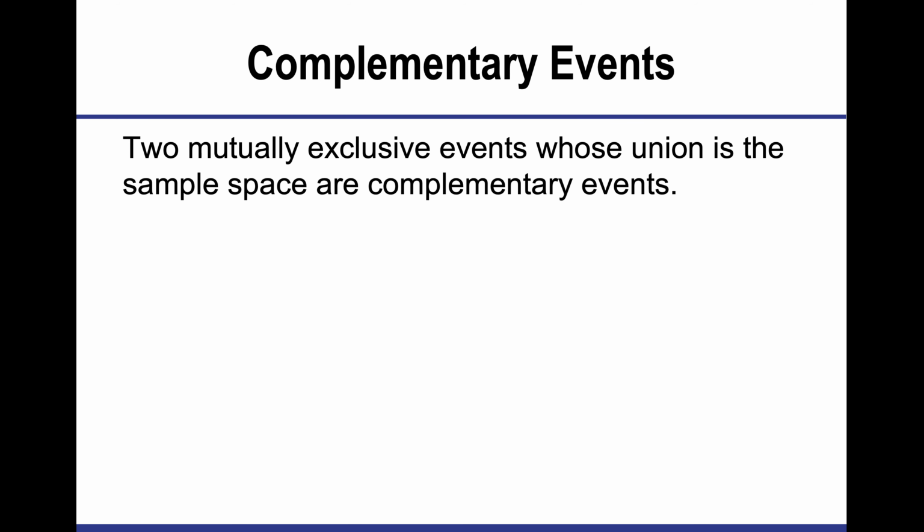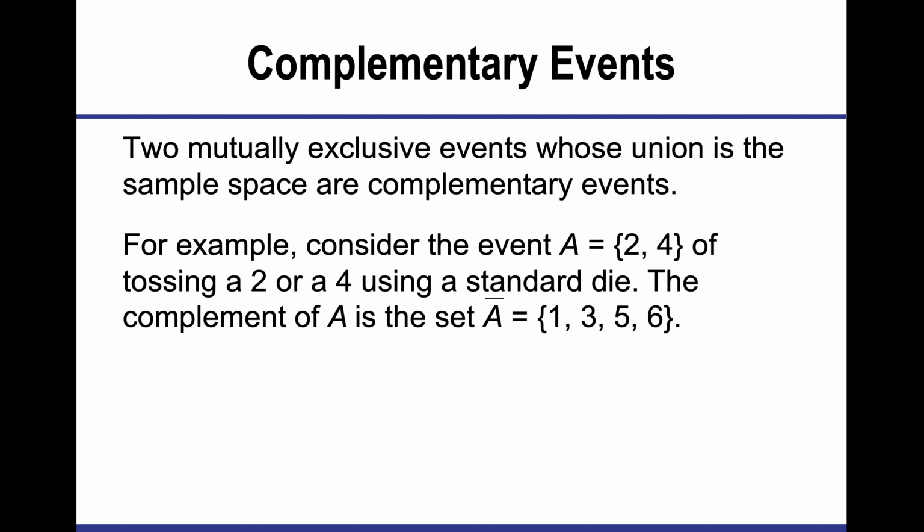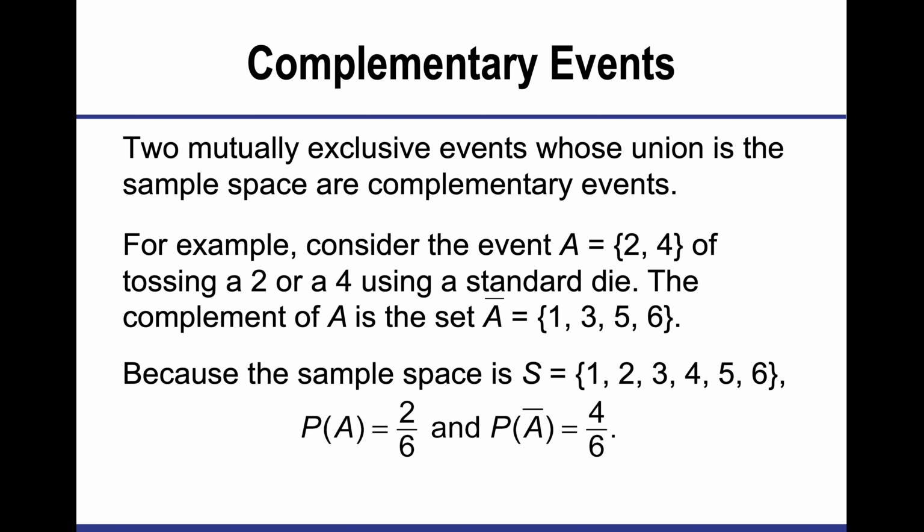2 mutually exclusive events whose union is a sample space are complementary events, meaning when I add them together, I get the whole sample space. Looking at the spinner, if I'm looking at the probability that I have an outcome A, so 2 or 4, there's 2 ways to get a 2 or a 4 out of 6 total numbers.